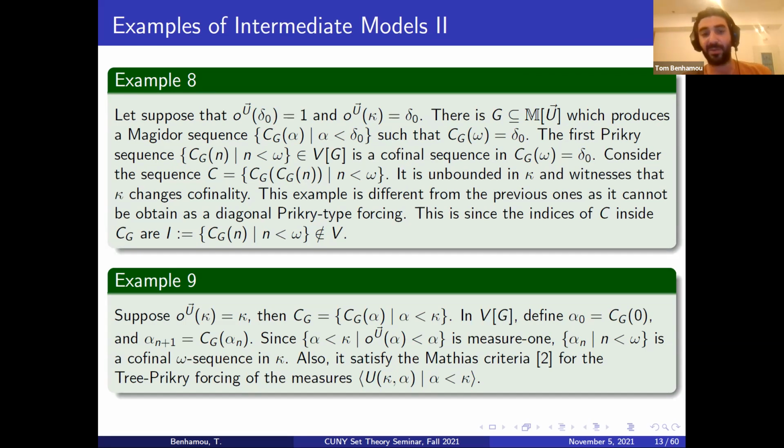Okay, so it's a Prikry generic extension. I hope this was clear. Okay. Clearly, all these examples are Prikry-type forcings. So we should have a conjecture that all the intermediate models are Prikry-type forcing.